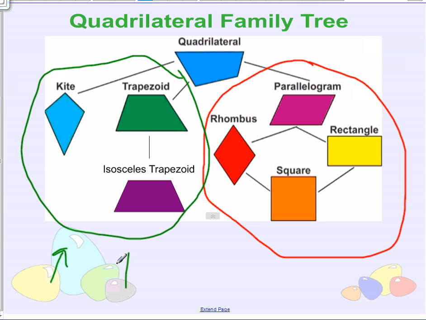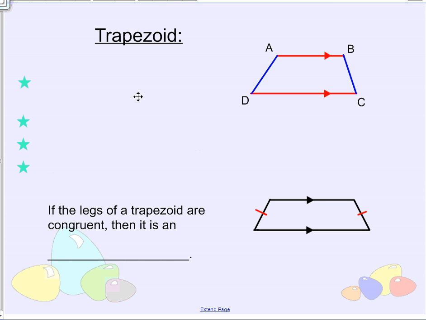Alright? So, first of all, just as a reminder, what on earth is a trapezoid? Well, a trapezoid has a few different characteristics. It's a quadrilateral with exactly one pair of parallel sides.